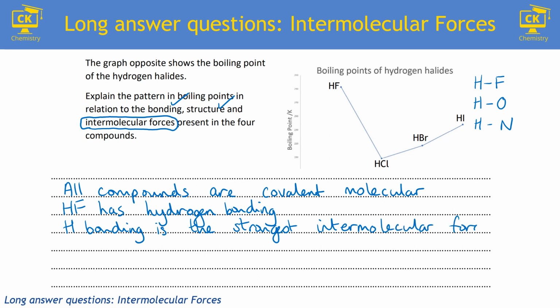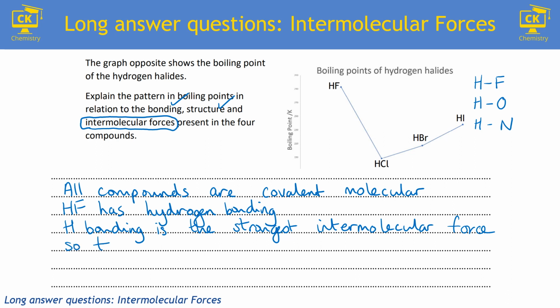So you could say, we could talk about the other forces in the other molecules, the permanent dipoles and the London forces, and we are going to talk about those in a moment. And we could say that hydrogen bonding is stronger than both of those. But by saying it's the strongest intermolecular force, then you're saying all of that. You're clearly stating. And then we're going to link force to energy.